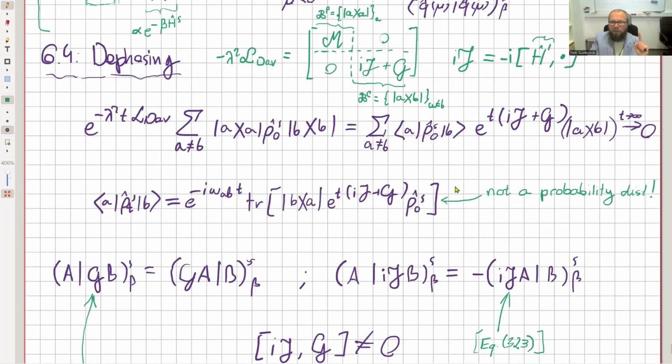So it would be sufficient for us to show that G, the Hermitian part of the generator, is negative definite. This is a negative matrix. Okay.